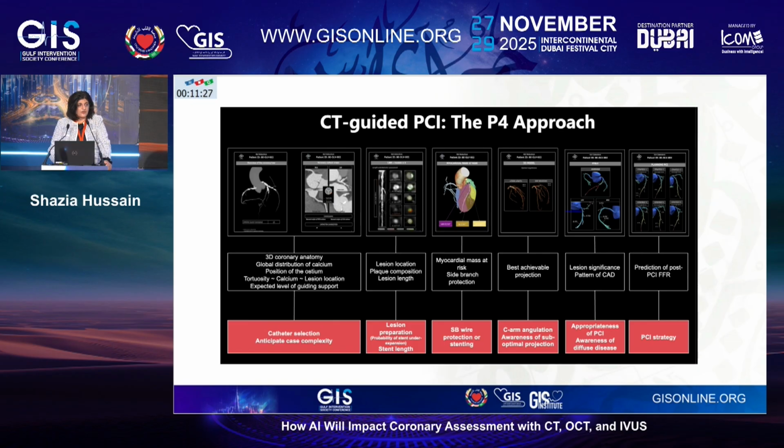And we're all looking forward to the results of the P4 study, which is a randomized controlled trial of 1,000 patients that's just completed, comparing CT as an approach in which the strategy is guided by CT versus IVUS in terms of calcium modification.